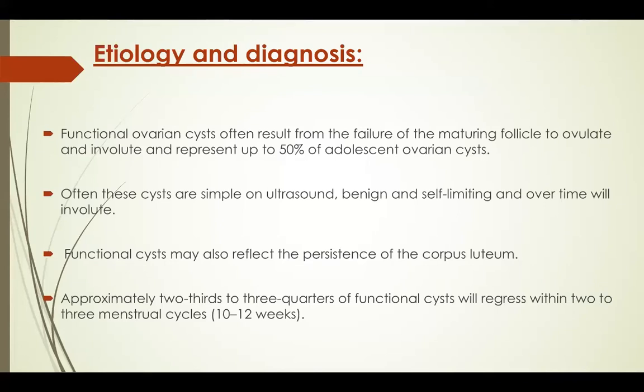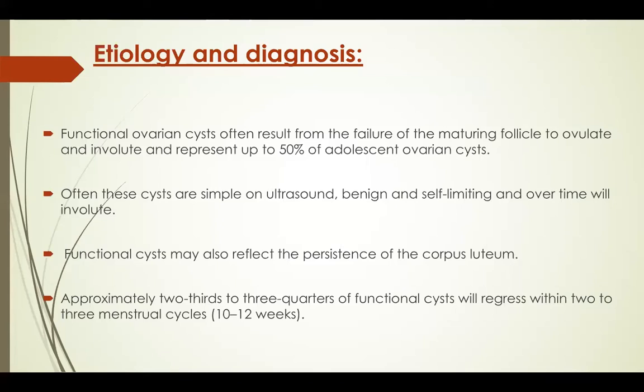Often these cysts are simple on ultrasound and self-limiting with time. Functional cysts may also reflect persistence of the corpus luteum. So all are part of a physiological pattern. Approximately 2/3 to 3/4 of functional cysts will regress within 2 to 3 menstrual cycles.